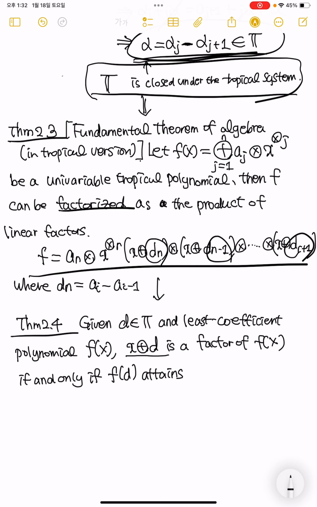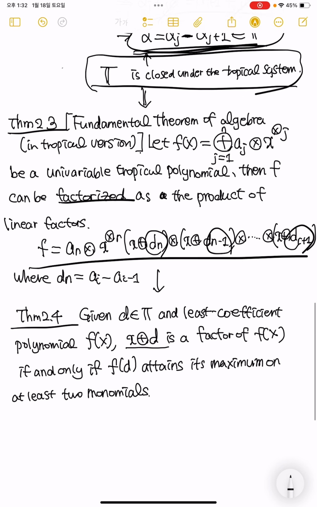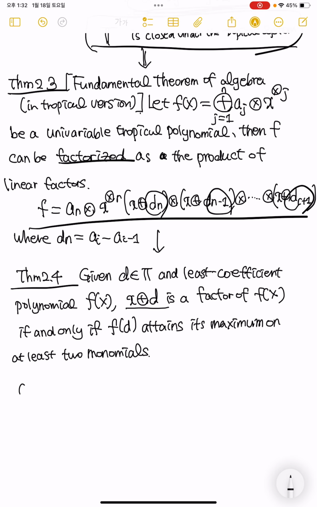That attains its maximum on at least two monomials. So anyway, we can obtain T is an algebraically closed field.